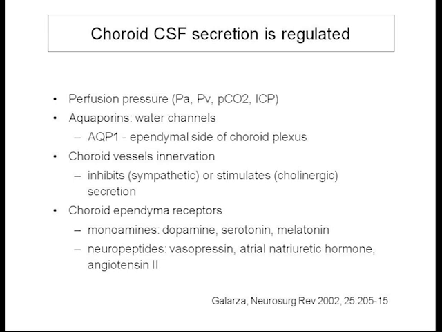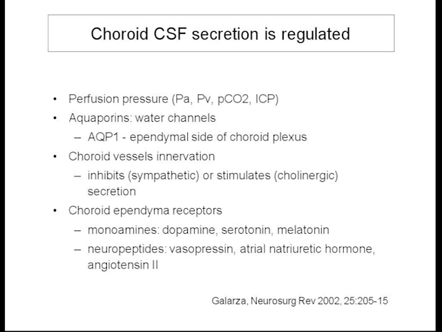Aquaporins are something that was described 20 years ago, and they are water channels. They are special because they carry water and nothing else across the wall of the cells. And it has been demonstrated that there are many, many aquaporin channels along the ependymal side of the choroid plexus, and those are subject to influences that regulate them.